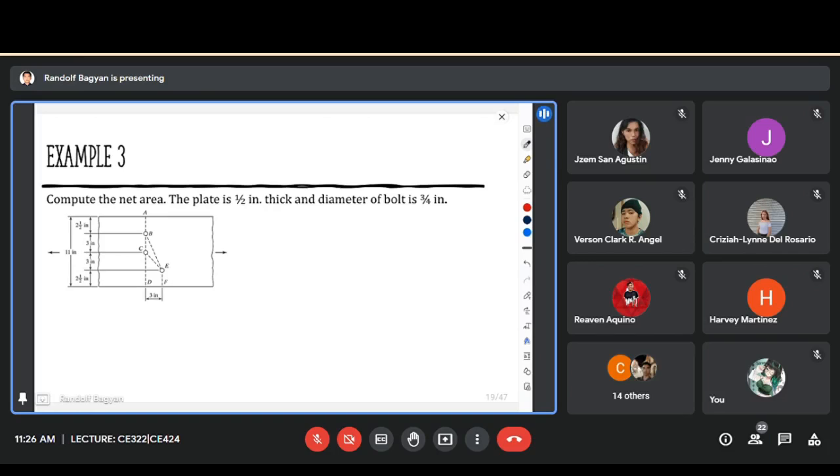Of course, yung thickness na yon, yung hindi nyo nakikita, no? Perpendicular to the paper. Okay, that's 1/2 inch. So if we extend this drawing, yun.